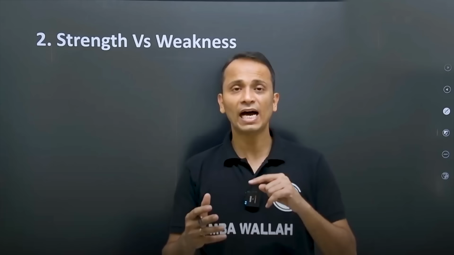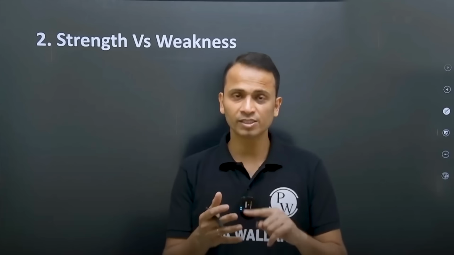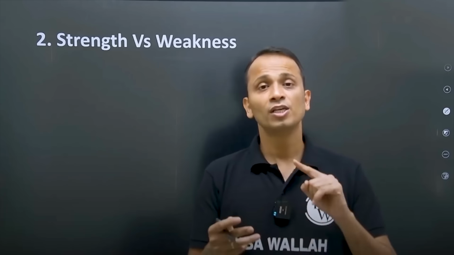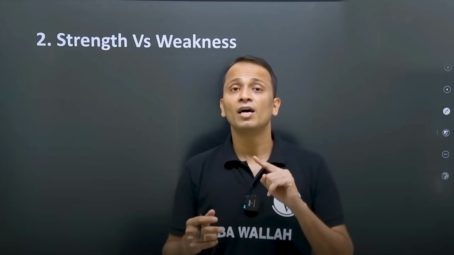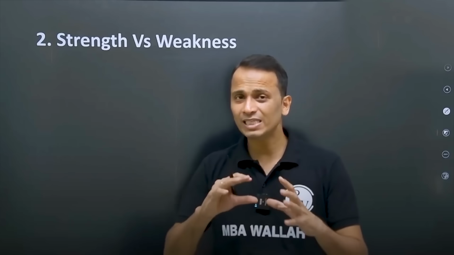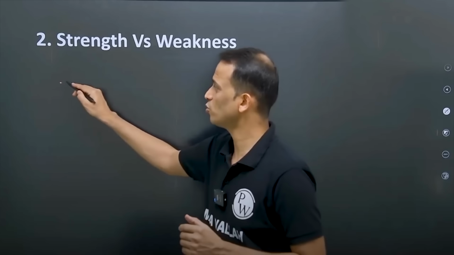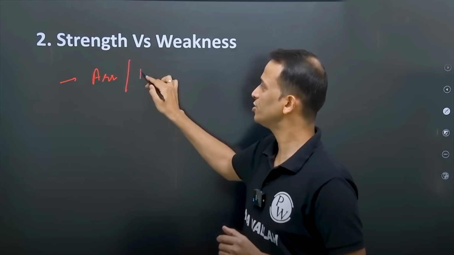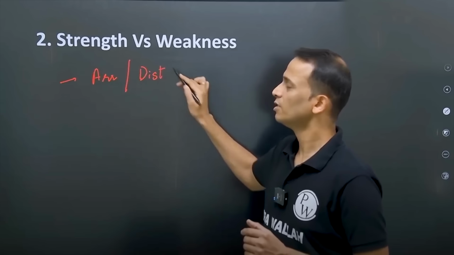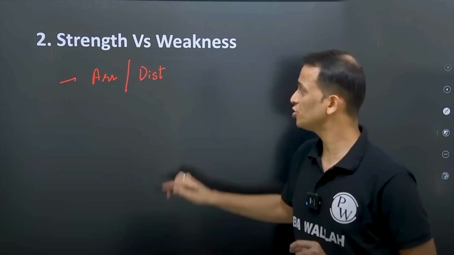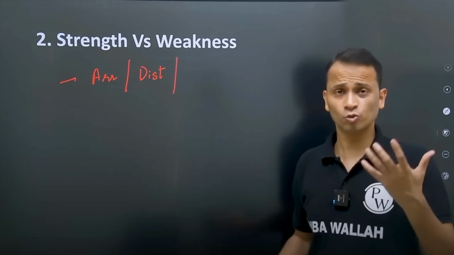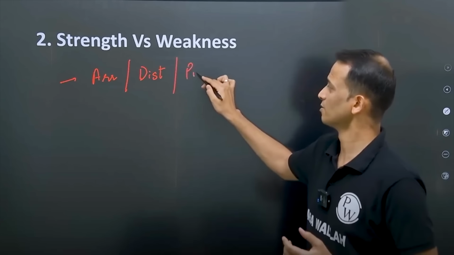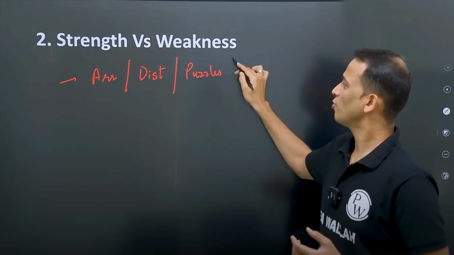Okay, so we have, starting from arrangements, distributions, selections, scheduling. Okay, so these are similar kinds of questions. So I'll mention here, let's say arrangements, distributions, right? Distributions will also include puzzles, right?